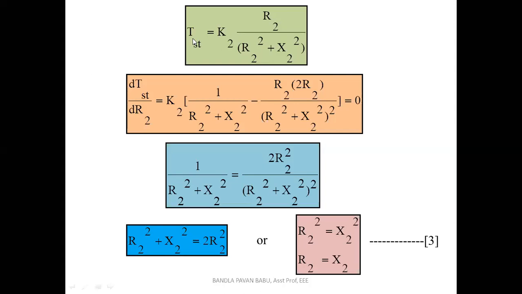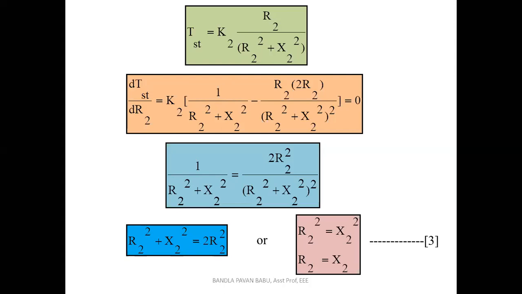So we need to differentiate with respect to R2. Look at this equation. How have we segregated it? K2 into, consider it as UV, d by dR2 of UV. So what is the value of d by dR2 of UV?